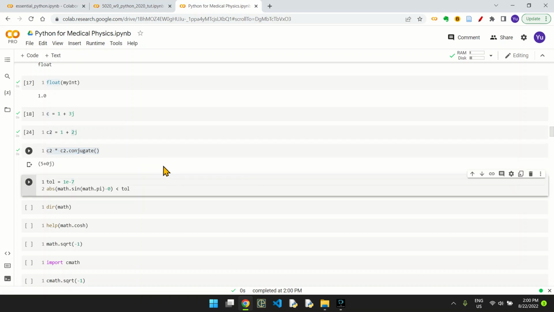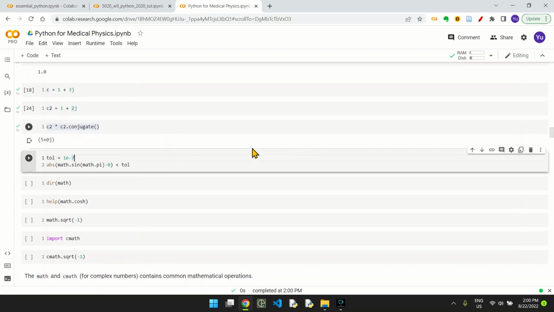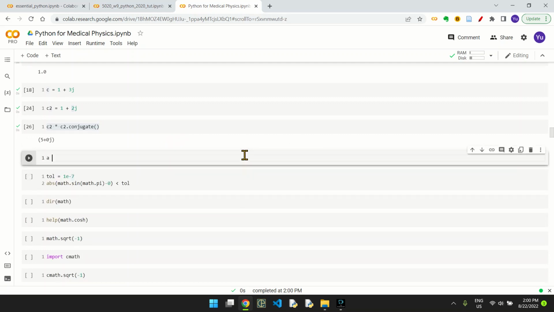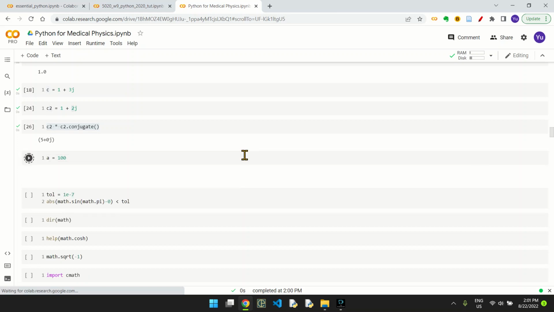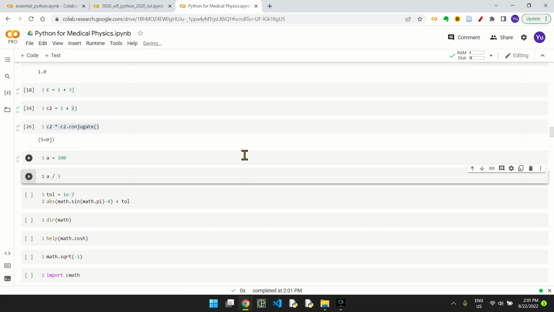Another thing that I want to show you is that sometimes when we compare floating point numbers, say a equals to 3 point, say 10, okay, 100, and then a divided by 3 times 3.